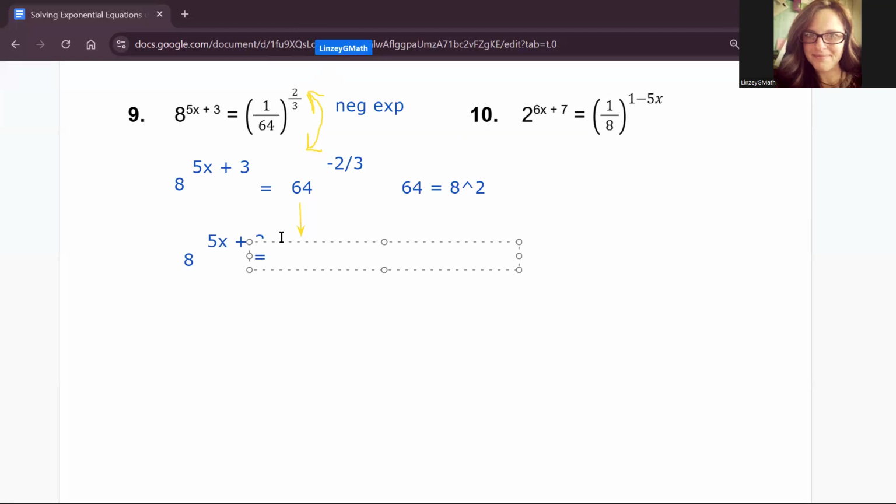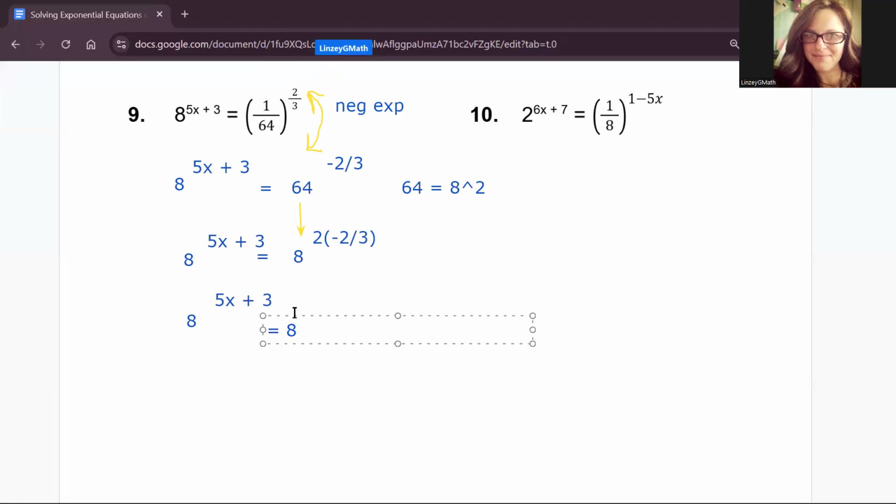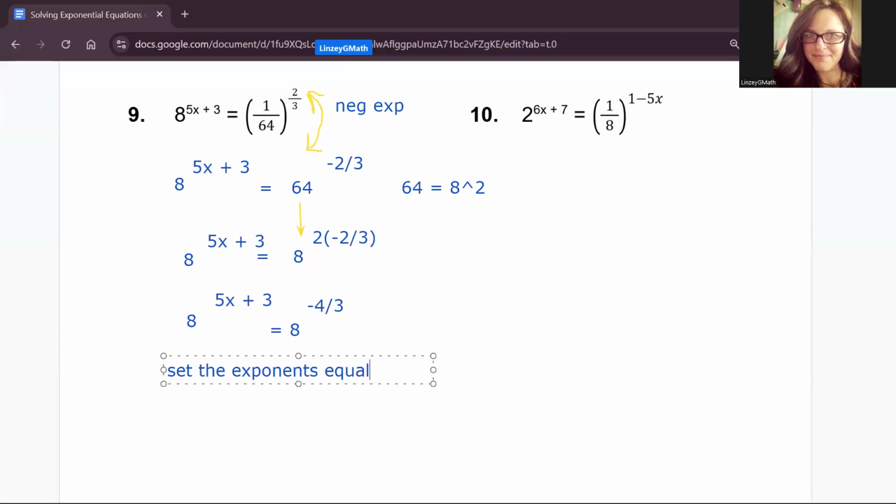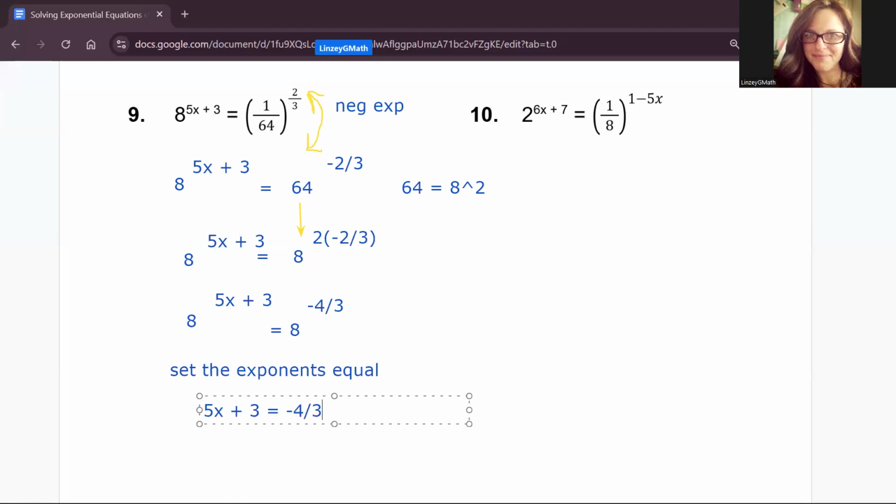equals 64 is 8 raised to the 2nd power, and we need to multiply by negative 2/3. And 2 times negative 2/3 is negative 4/3. And now we do have the same bases. So we can set the exponents equal to each other. x plus 3 is equal to negative 4/3.